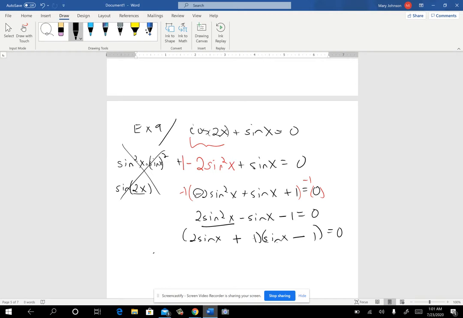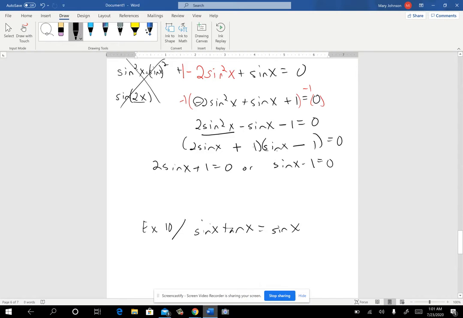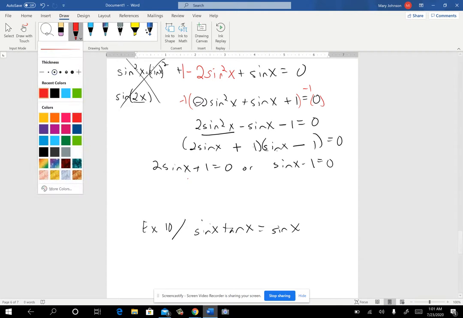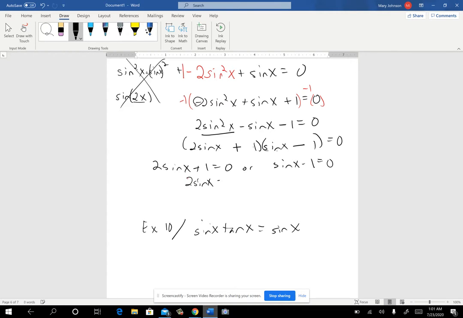All right, and then I'm going to set each factor to 0. Then we'll wind up solving each of those equations, trying to get the sine x isolated. So subtract 1, divide by -2.